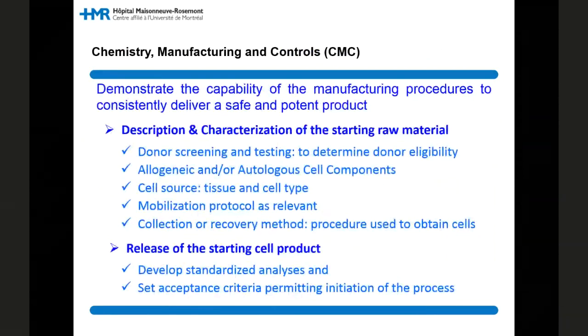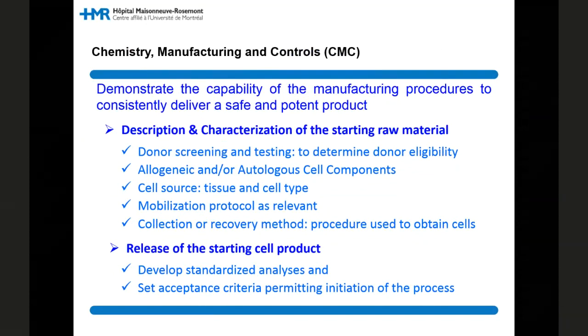So you must be able to demonstrate that you have the capability to manufacture your product consistently. In labs, we're able to repeat tests. If it doesn't work once, you repeat it and then usually get it to work. But when you get it to work, you have to show that it's replicable and robust, that it's going to work every time.